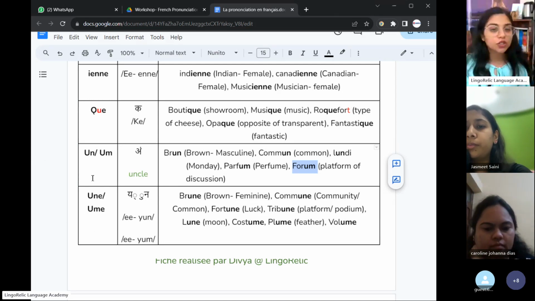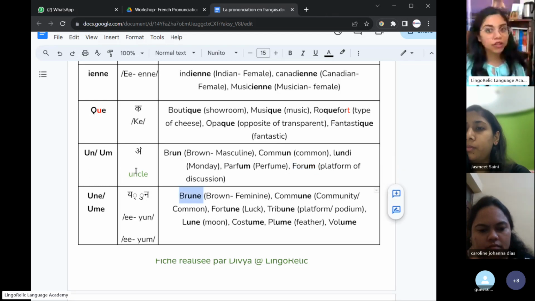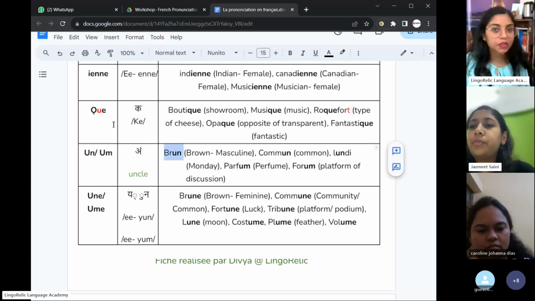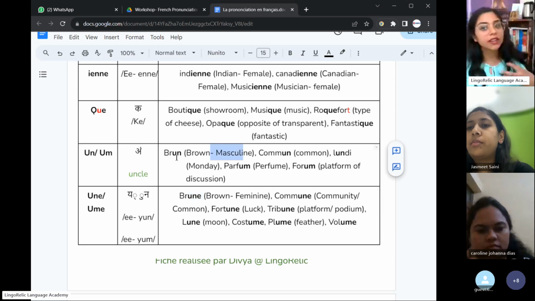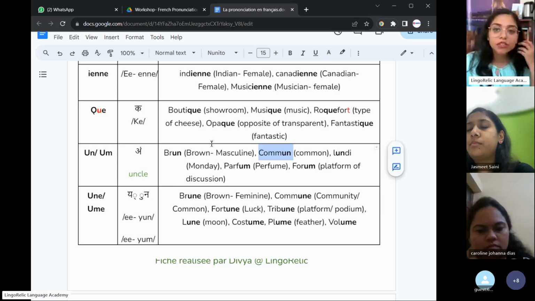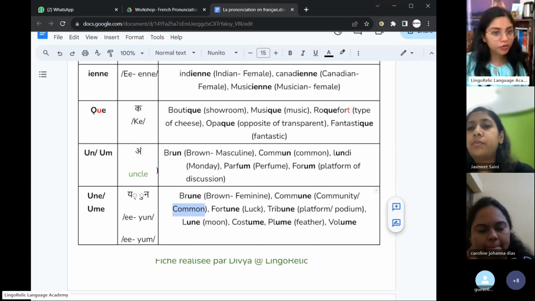Okay, so um or un. So you have this. Try this. Brune. So you had brun and you have brune now. This is for male nouns and male color, and the feminine form is brune. You have commun, which is common, and then feminine form commune, which is a common feminine adjective.